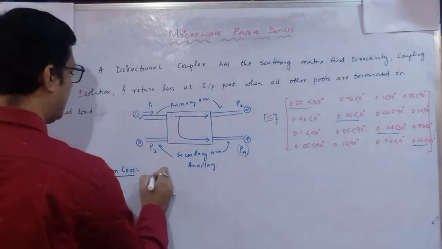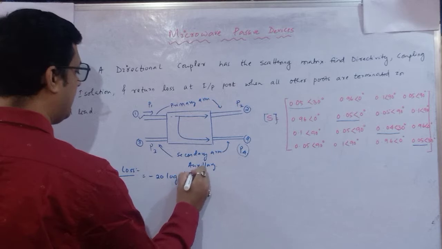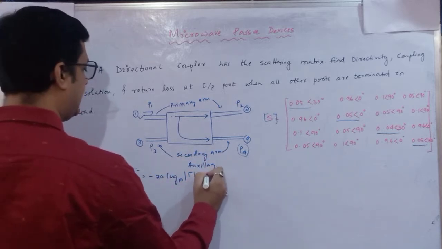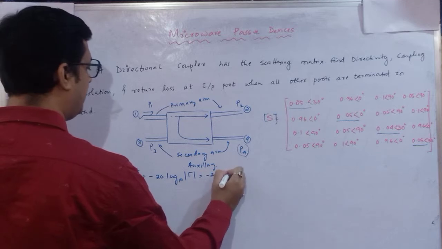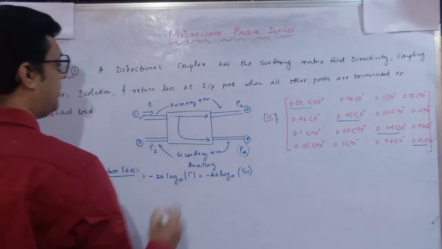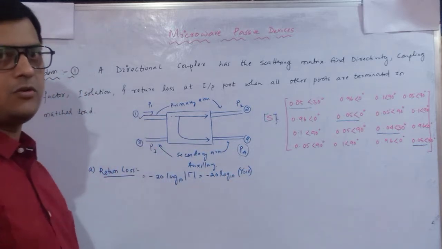The relation is minus 20 log base 10 of the reflection coefficient. So this is my basic relation. I will put minus 20 log of mod S11, because we are identifying with respect to port 1.